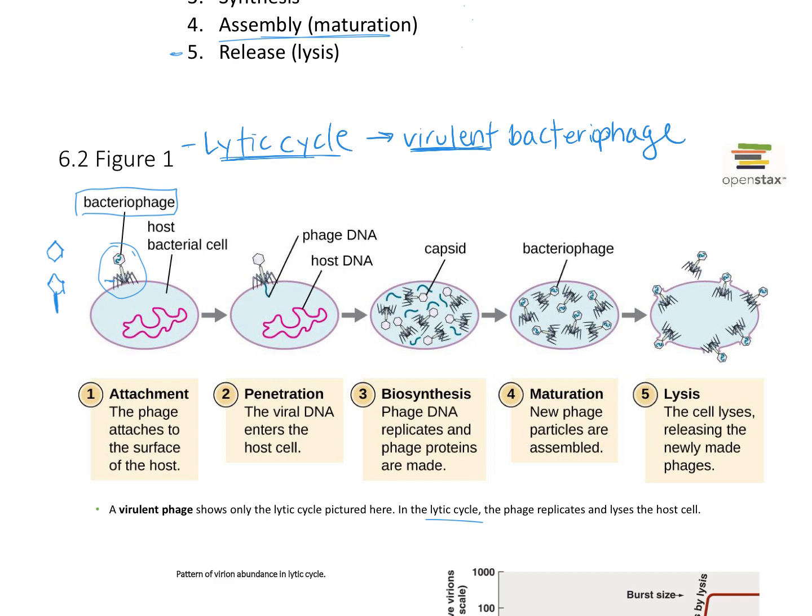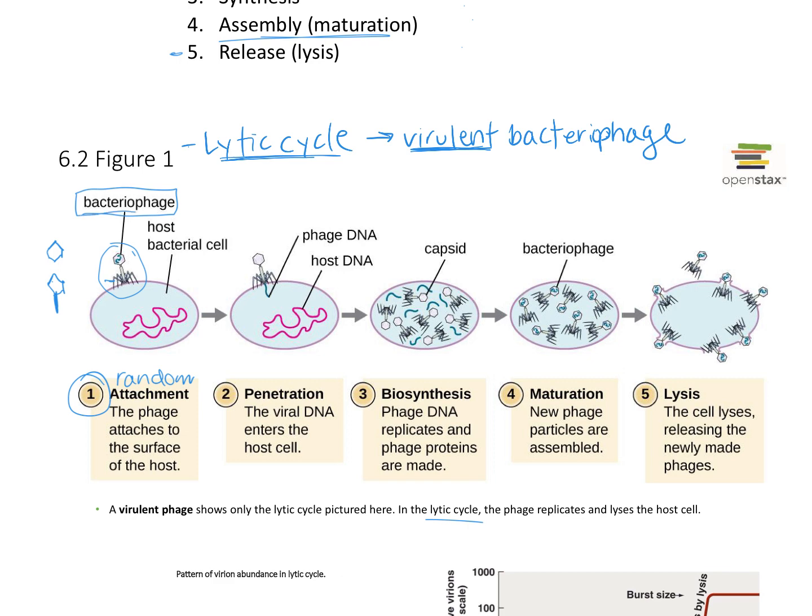Bacteriophage and any virus, they do not have motility, right? They don't have any kind of way to propel themselves purposefully. So when we talk about attachment, this is just going to be by random motion that a bacteriophage happens to land on the type of cell that it has the correct receptors for.